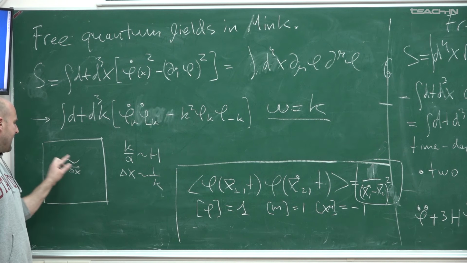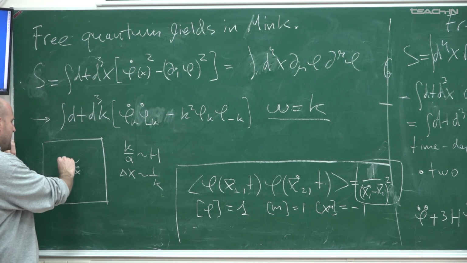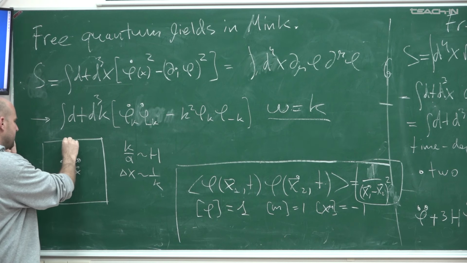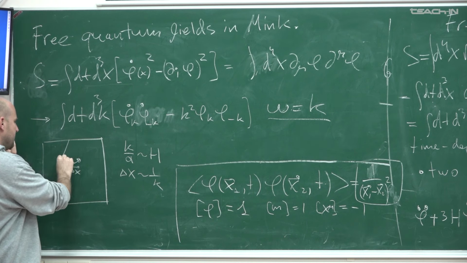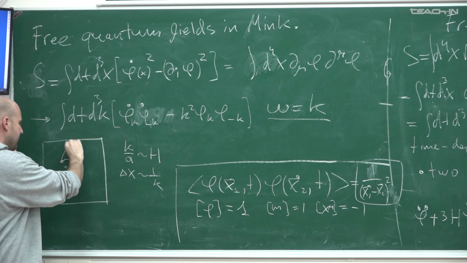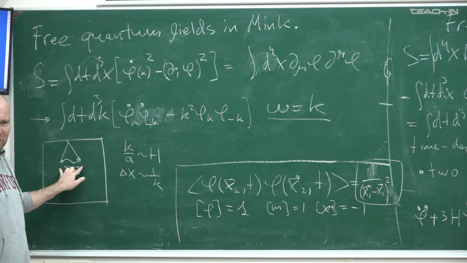When we have this delta x, it is exactly the size of the cosmological horizon, so that these two points start being sort of outside. Of course, these lines should go at 45 degrees; that's what I meant to draw.